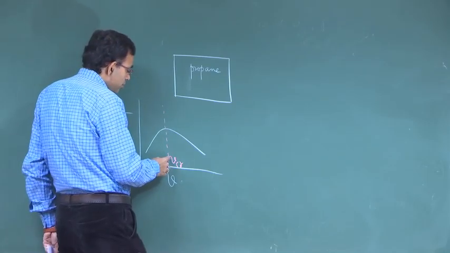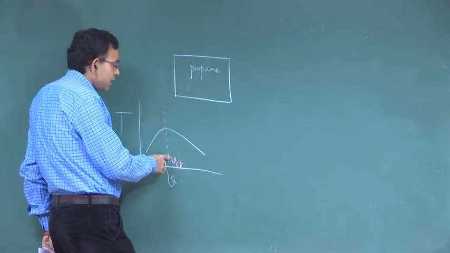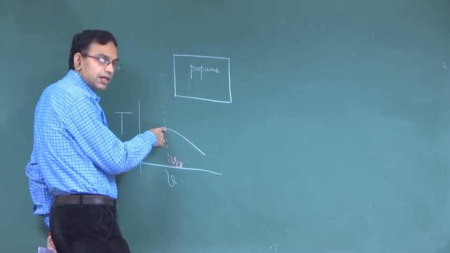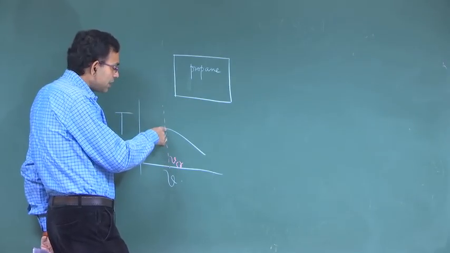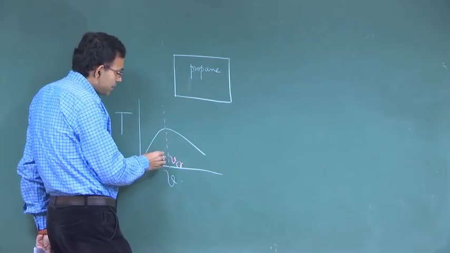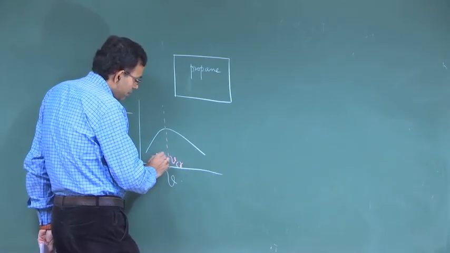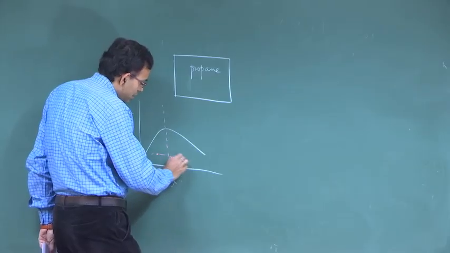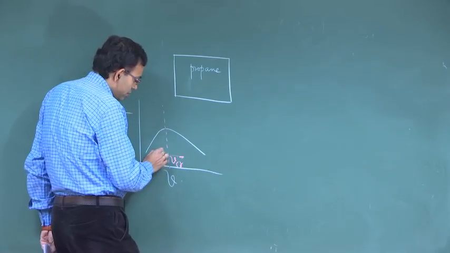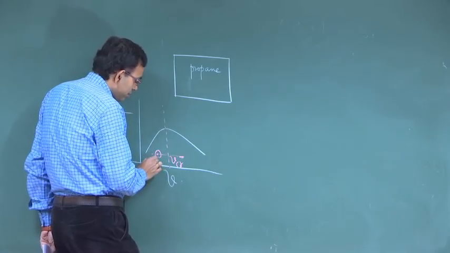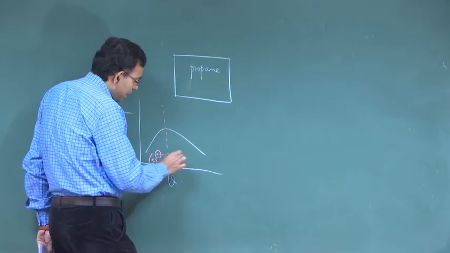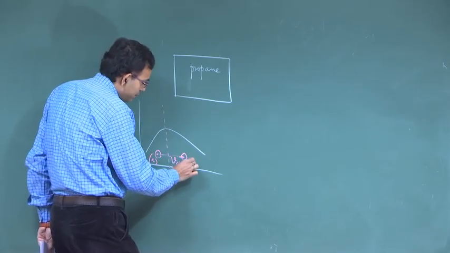Now, we have three possibilities. One is V equal to V critical, but other than that one possibility is V less than V critical, another possibility is V greater than V critical.